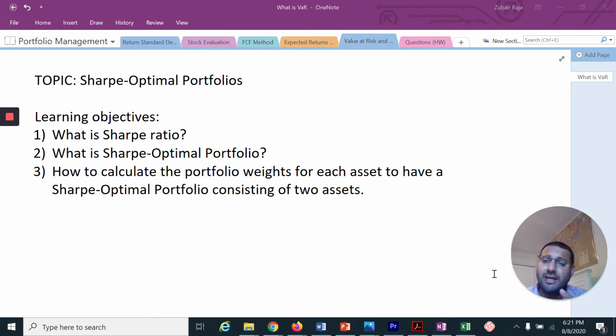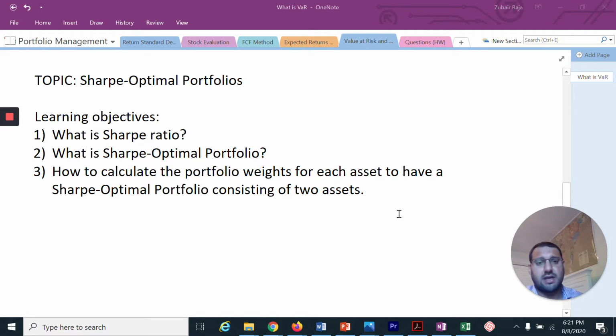So the learning objectives for today's lecture are: what is Sharpe ratio, what is Sharpe optimal portfolio, and how to compute the weights of a portfolio consisting of two assets whose Sharpe ratio is highest, and therefore it becomes a Sharpe optimal portfolio. So what is Sharpe ratio?